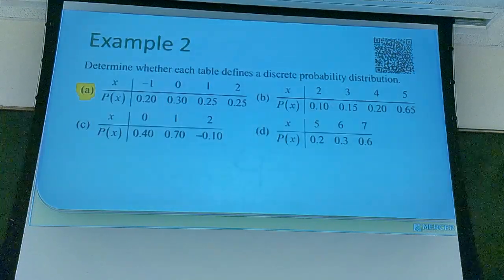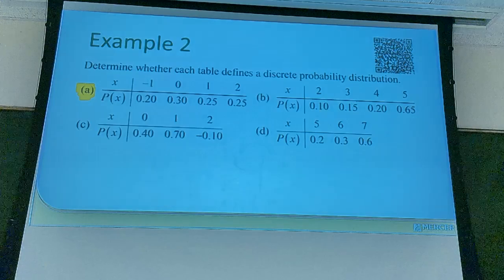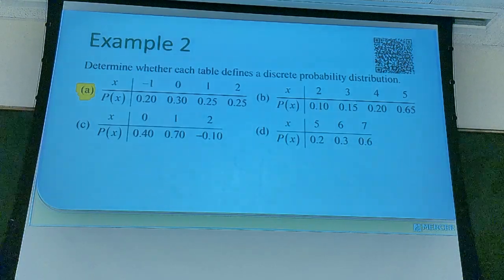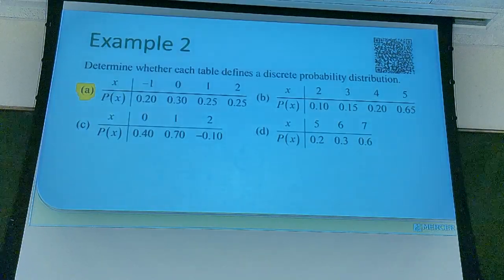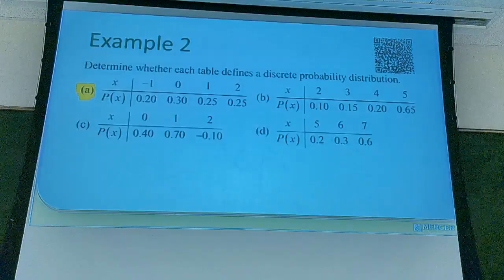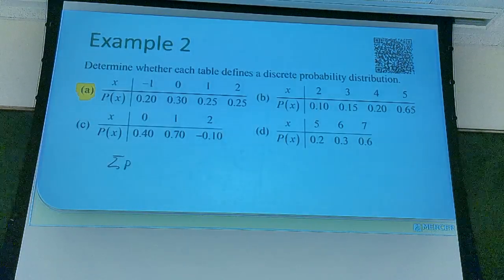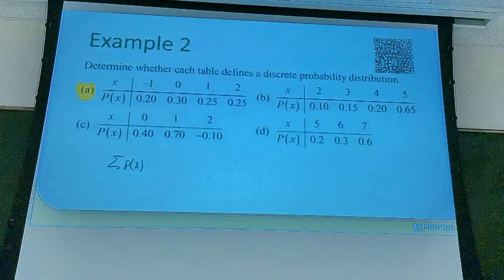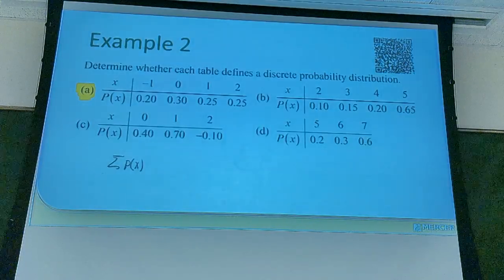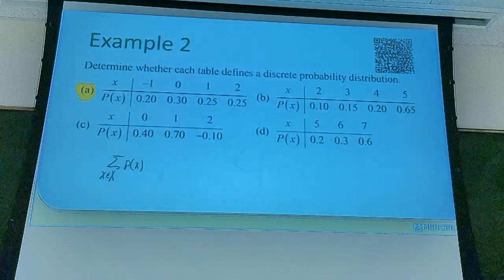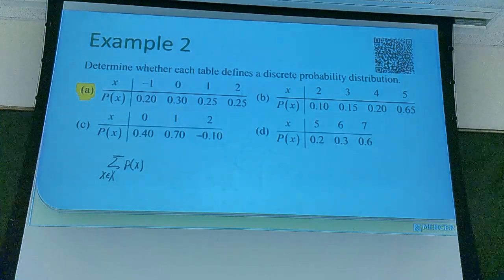So remember, you're looking at the probabilities, which is P of X. They are all between 0 and 1. The second condition is satisfied. Now all I have to do is check, do they sum up to 1? What you might see is the sum of all x in X, which means just summing over all of your possible random variable values.